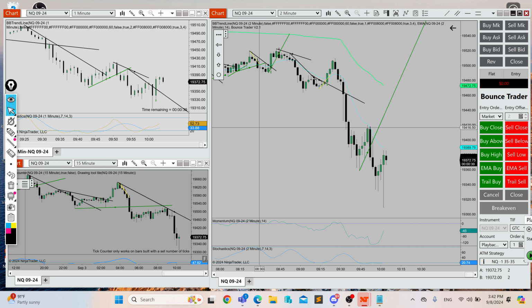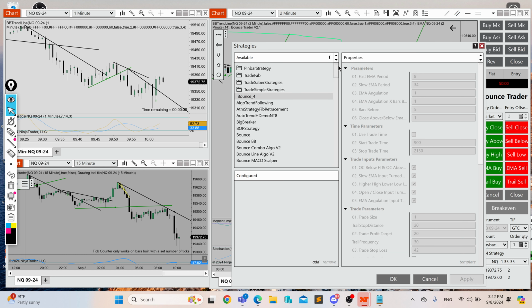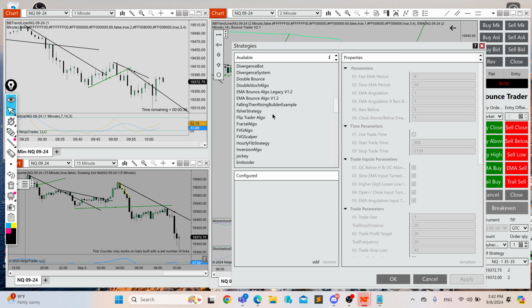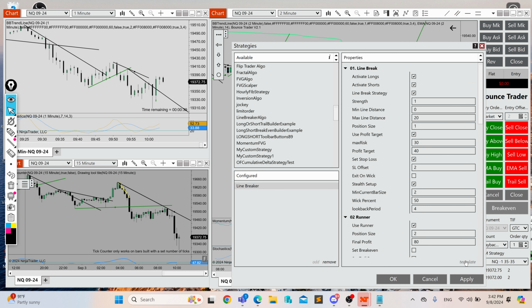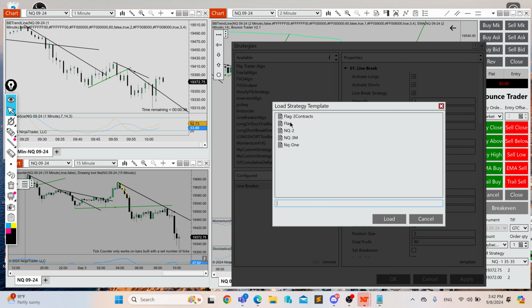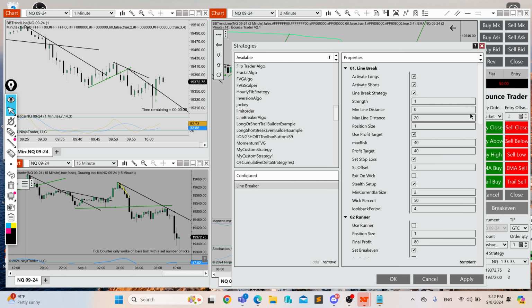But let's load the algo. And let me find it. What we're going to specify here, I already have predefined. Let's say it's the flag strategy. We're specifying that we want to use take profit. Stop loss is 2 ticks below the signal bar.